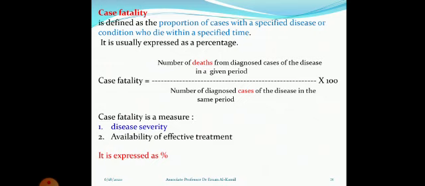For example, if there is a case of typhoid fever in hospital A and another typhoid fever patient admitted to hospital B, and the patient in hospital B died because of typhoid, then either the patient admitted to hospital B had a severe case of typhoid, or the management of typhoid in hospital B is not good.